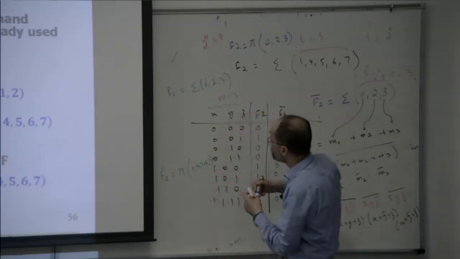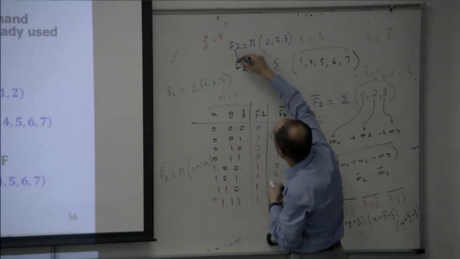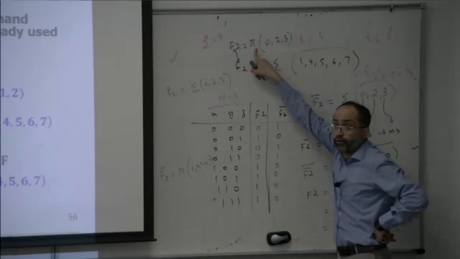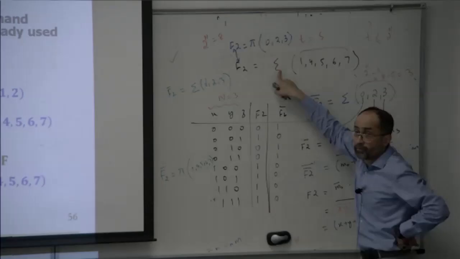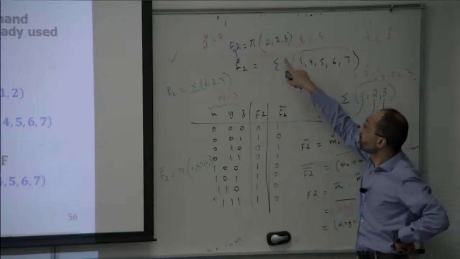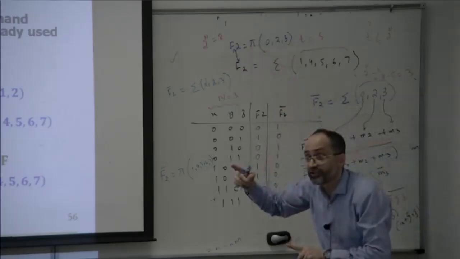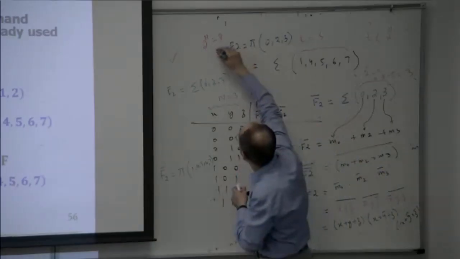Okay, now we have a relationship. This is the conversion from the POS expression to the SOP expression of the same function. Now we have f2 and f2 bar.